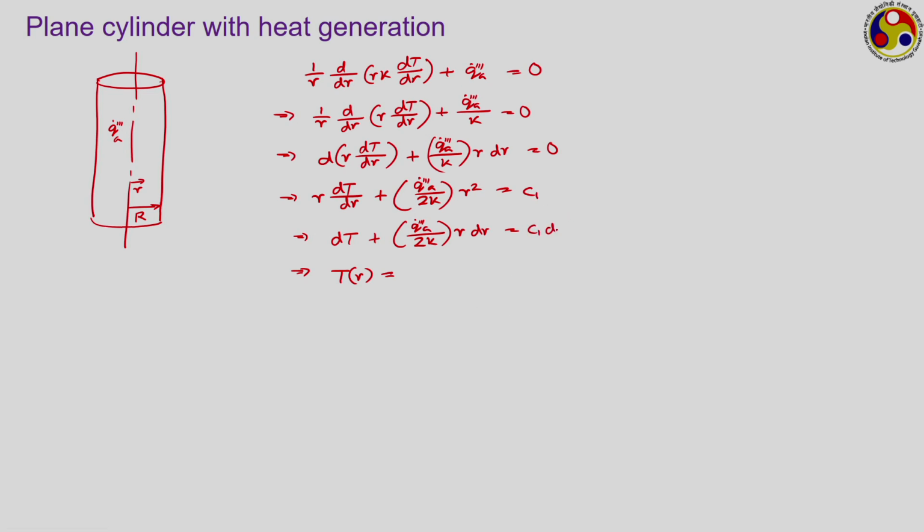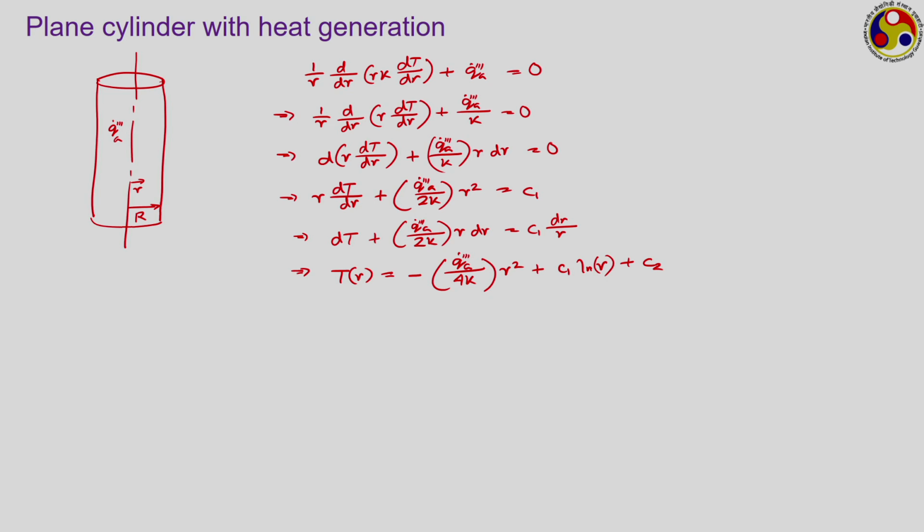So it becomes C1 dr, and after doing this, I can write this to be equal to q0 dot triple prime upon 4k into R square plus C1 dr by R. Then accordingly, it becomes C1 into log of R plus another constant C2. So, you have to identify them.